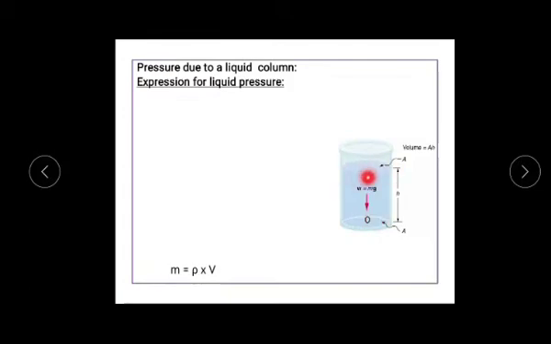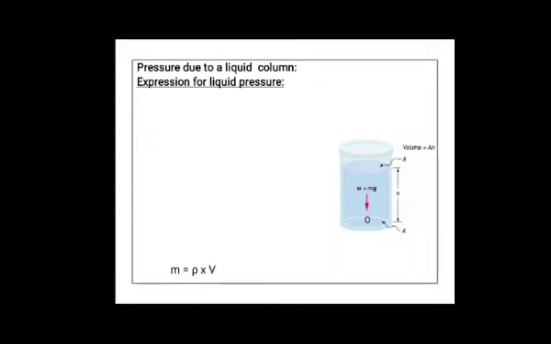And this is the free surface. This has an area, let us denote it as A. And let us consider a point O inside the liquid at a height h from the free surface. So O is at a distance of h from the free surface.